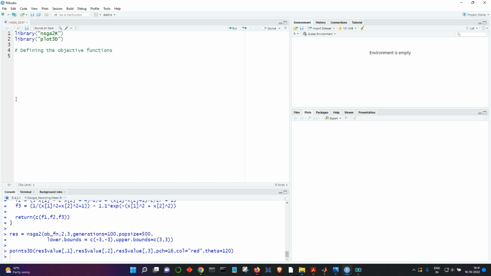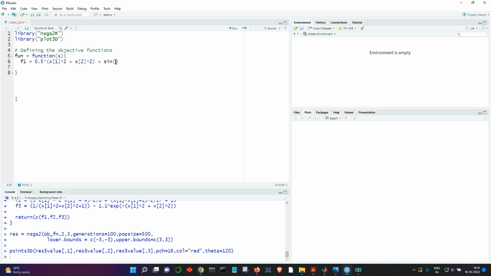Fun is equal to function that takes x as a vector, and this is the content inside the function. We have our first function, that is f1, the first objective function: 0.5 into inside brackets x[1] square plus x[2] square, and plus sign.